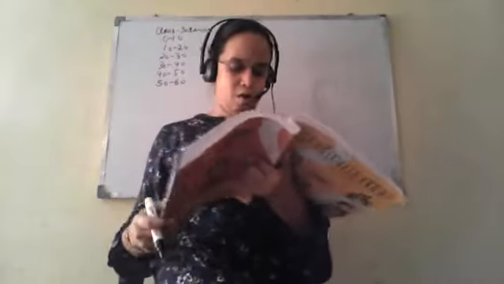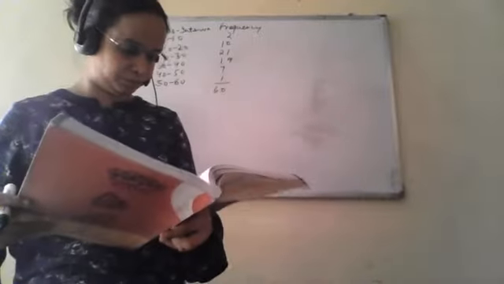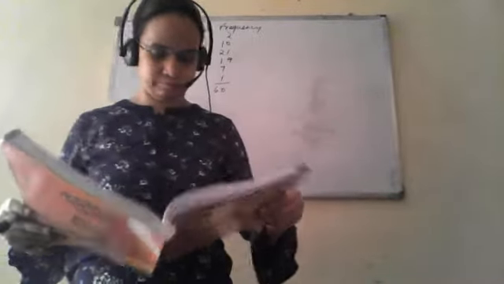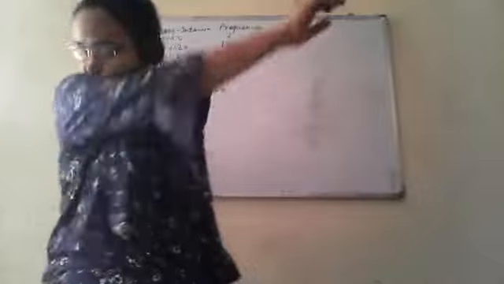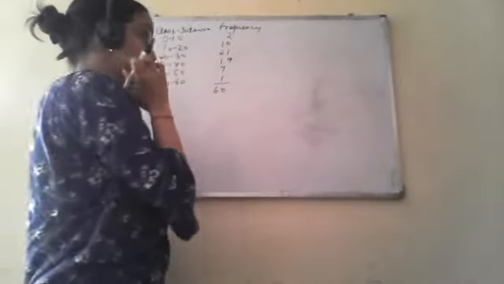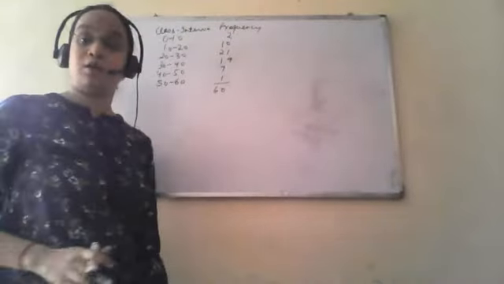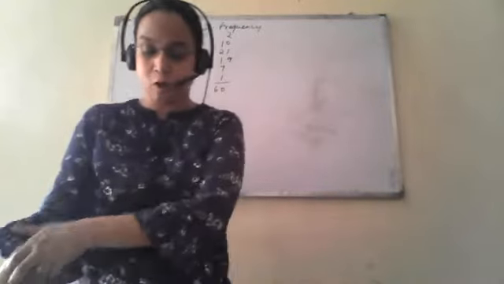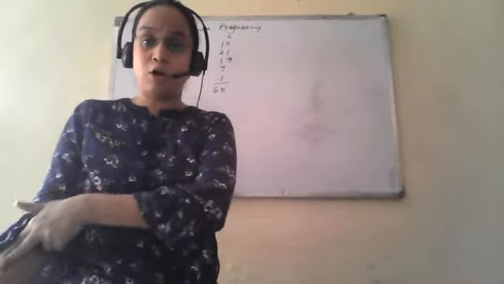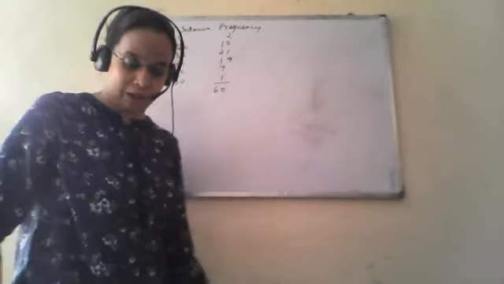So we have to plot this graph. Now how do we plot this? Marks of students we are going to take on the x-axis. We have to plot in the form of a histogram, that is a continuous bar graph type of thing.